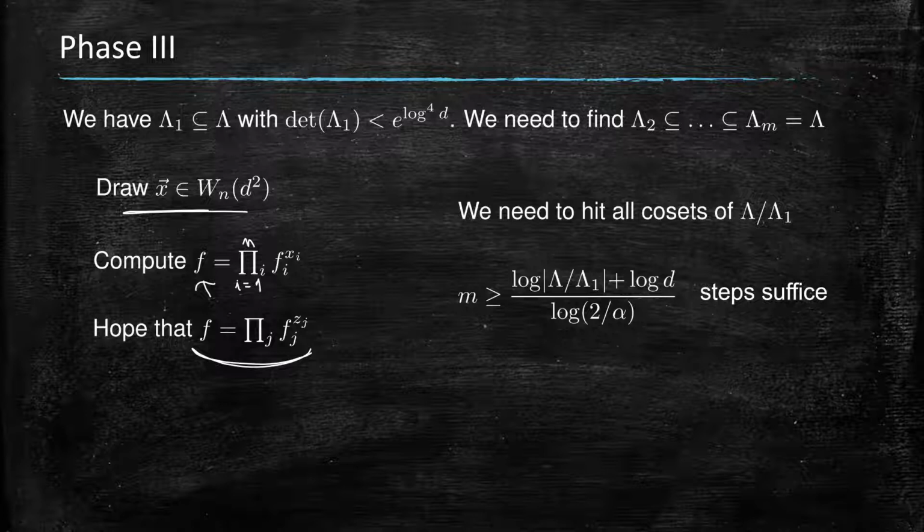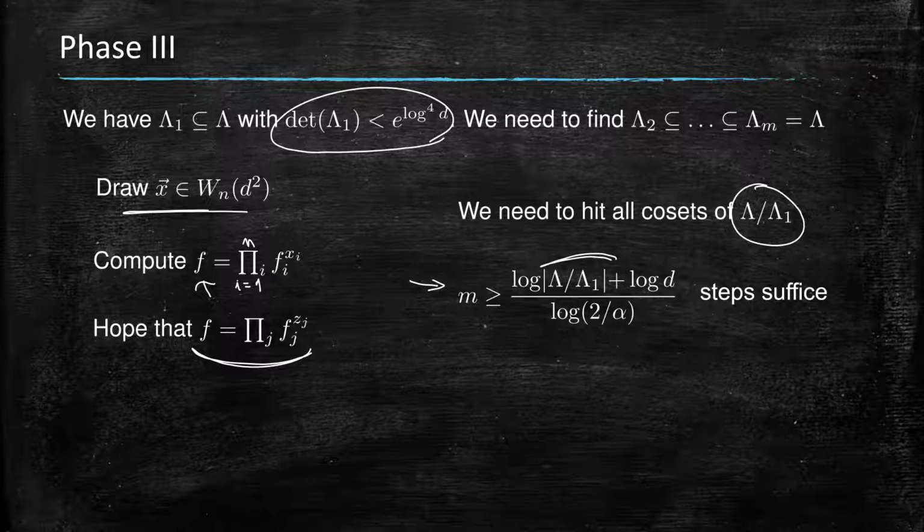So that's expensive, but the good news is, we don't need to do it too many times. The number of relations that we need in order to hit all the different cosets of lambda quotient by lambda 1 is given to us by Hafner-McCurley, with very large odds if that number is bigger than essentially a log of this quotient here, which we know is less than log to the 4 d.